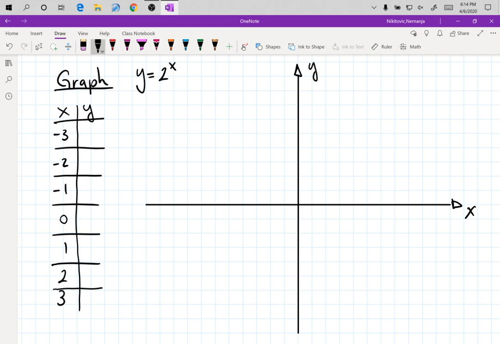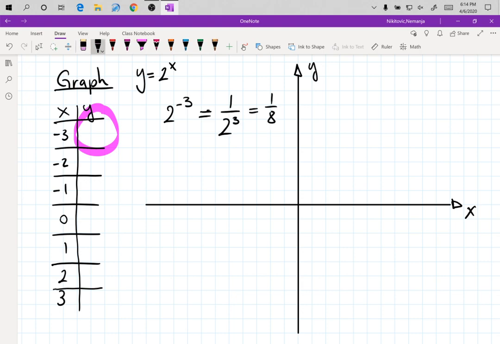Alright, so the first value to compute right here would be 2 to the -3. Now, we cannot compute a negative number in the exponent. Luckily, algebra is going to kick in and help us with calculating this. So that is, using algebra, 1 over 2 cubed.